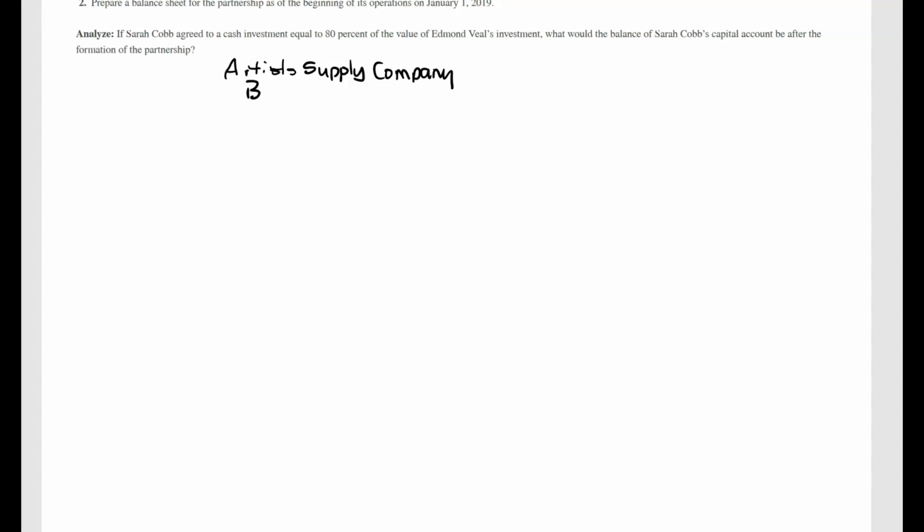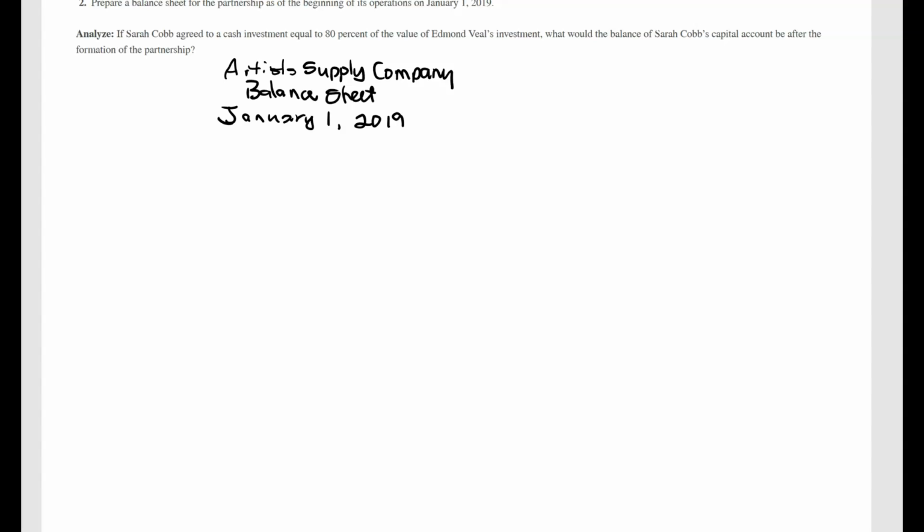And this is a balance sheet. And this is as of the day that they are entering into the partnership, where it stated it was January 1st, 2019. They need to have a starting point. Okay, if you remember from a balance sheet, I know it's been a while, balance sheet is assets, liabilities, and equity.